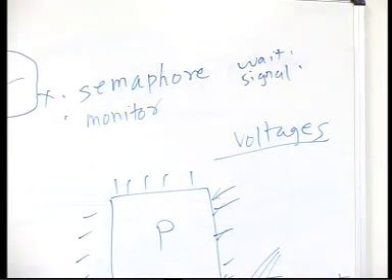You just execute the wait operation, you see the variable is not available, and you get something in return saying you cannot use X, but you can do something else. The process will do something else. When somebody does a signal, this process will actually get an interrupt: okay, now wake up, your X is ready. If you want, you can use X and proceed. So this is how the process can receive these messages or signals.